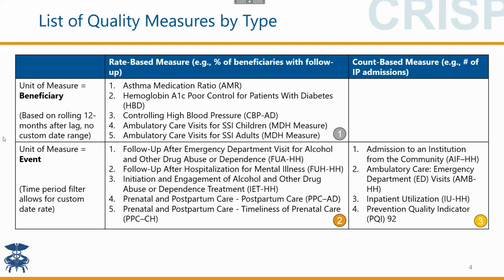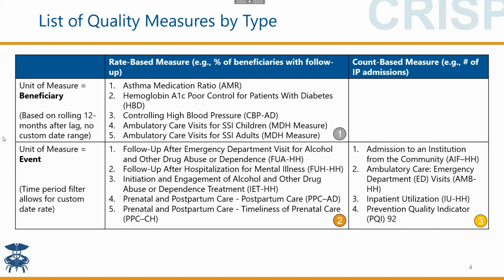I want to cover with you briefly just a summary of the quality measures that we're including in our new quality measure dashboard. The 14 quality measures that we include are based on two different measure types and two different units of measure.